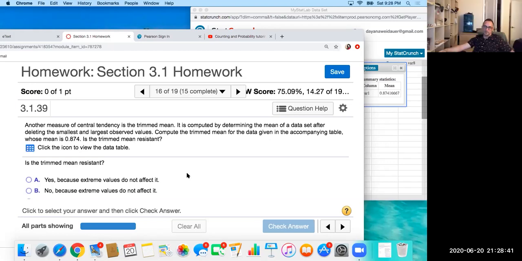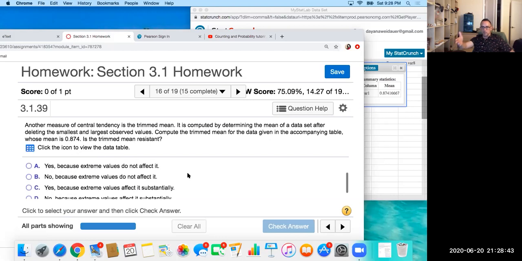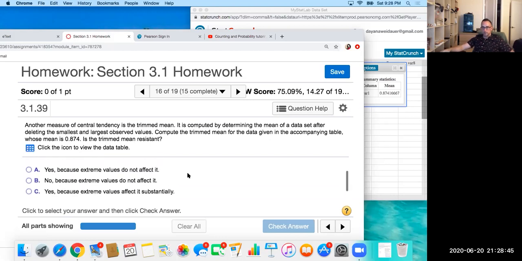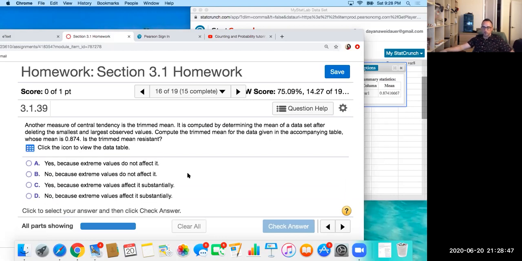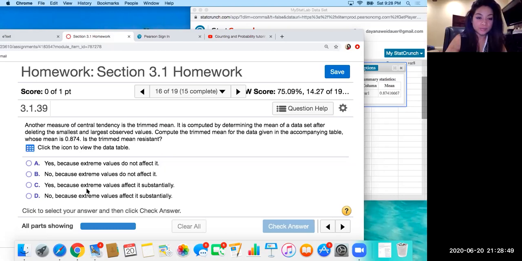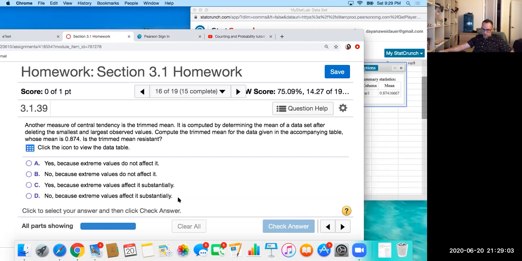Let's see the possible answers. What are the bottom 2? Okay, so C is no, because extreme values affect it substantially. Another says no, because extreme values affect it substantially.